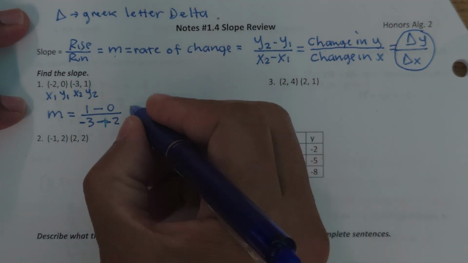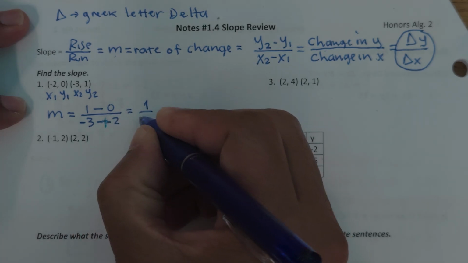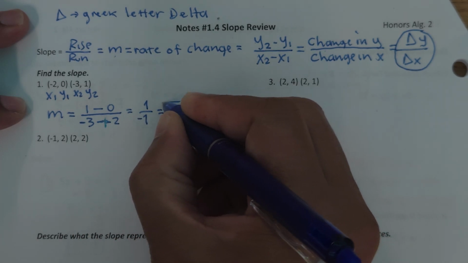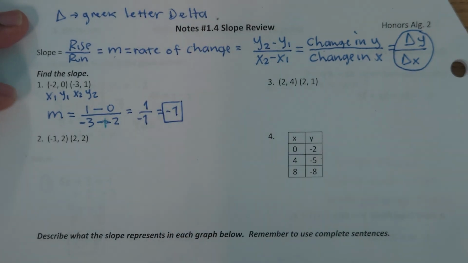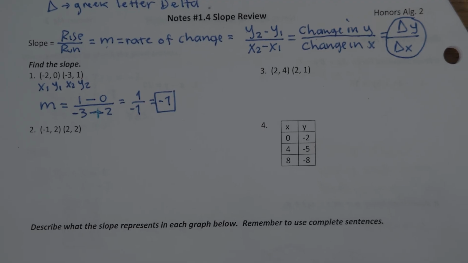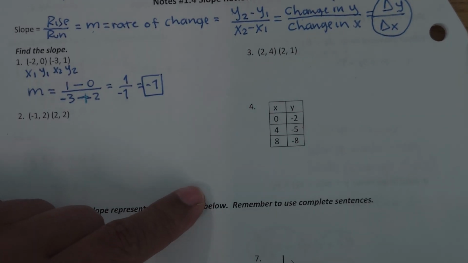So 1 minus 0 is 1, and negative 3 plus 2 is negative 1. And 1 divided by negative 1 is negative 1. This is the slope of that line. That's number 4. Now we'll do 2 and 3 in the classroom.